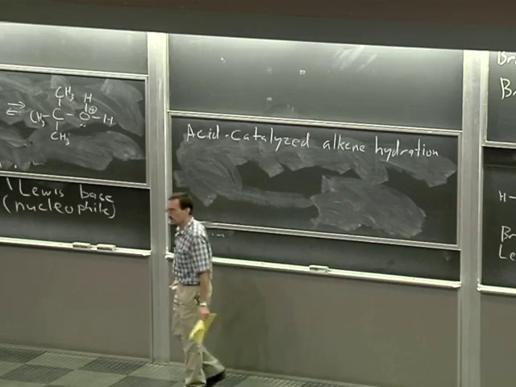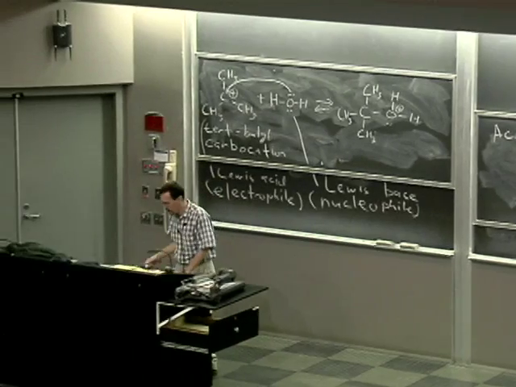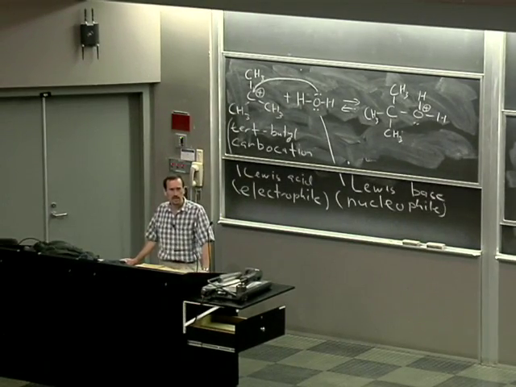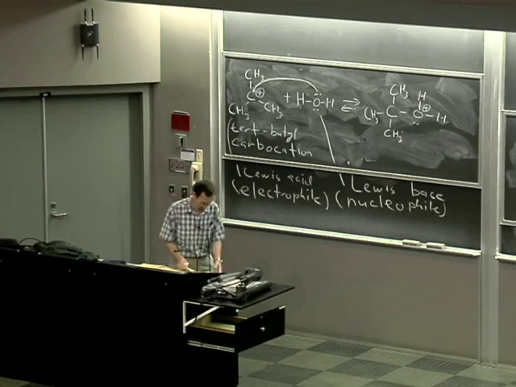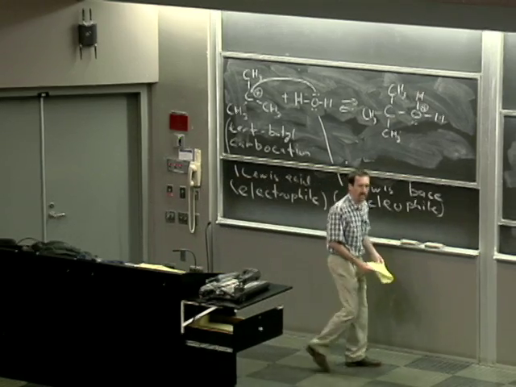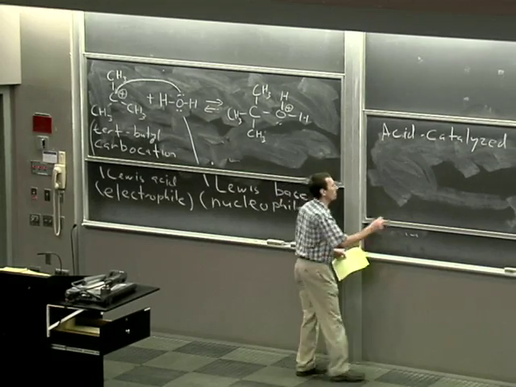Spend some time today talking about this. We're going to go through it very slowly. We're going to look at it both forward and in reverse and see the roles of acids and bases in this reaction. The example that I'll give us is the reaction of isobutylene with water.